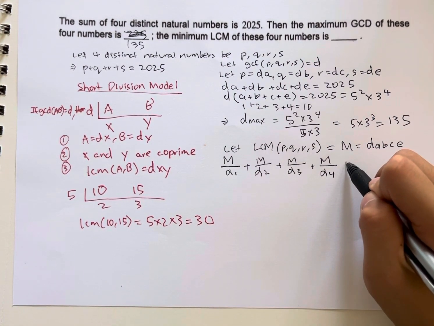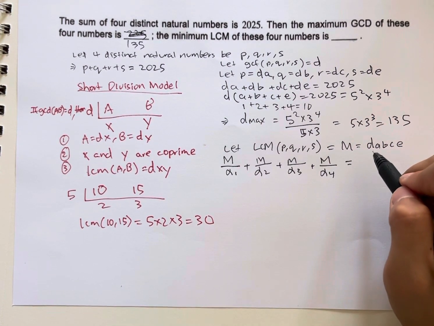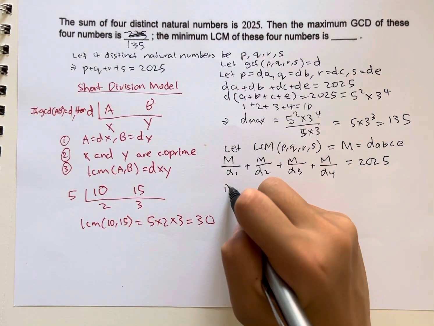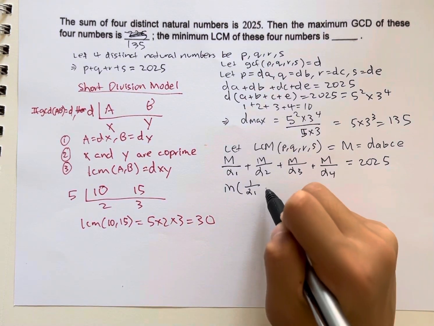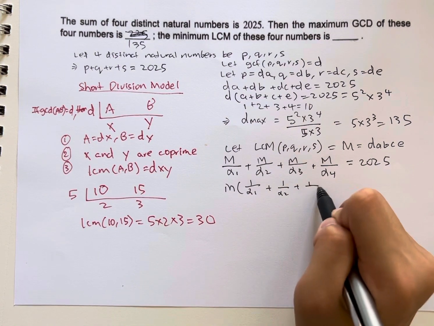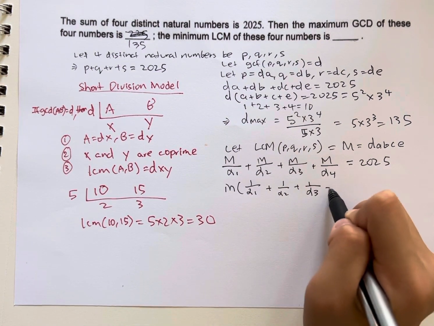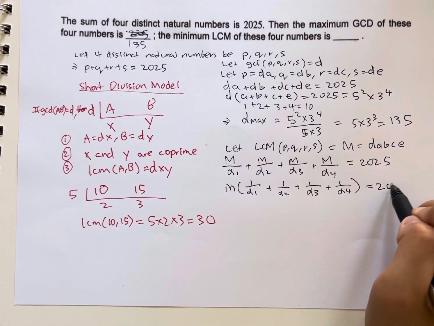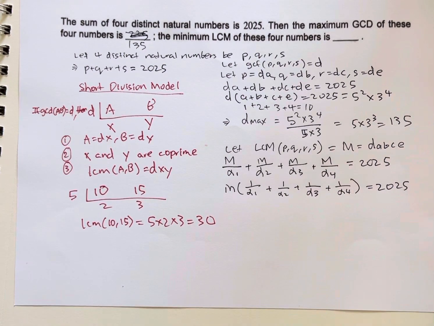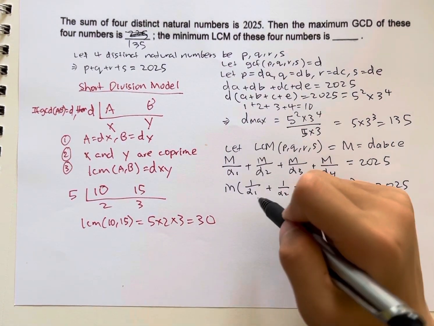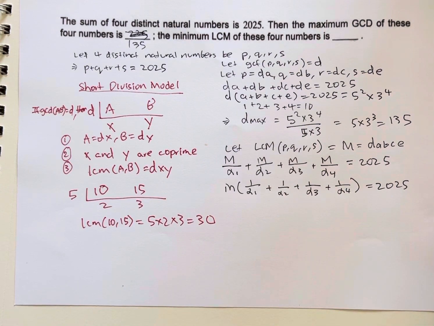And then the sum of these will just be P plus Q plus R plus S equals 2025. And then you can factor out M: M times (1 over alpha 1 plus 1 over alpha 2 plus 1 over alpha 3 plus 1 over alpha 4) equals 2025. And now, to minimize M, we have to maximize 1 over alpha 1 plus 1 over alpha 2 plus 1 over alpha 3 plus 1 over alpha 4.